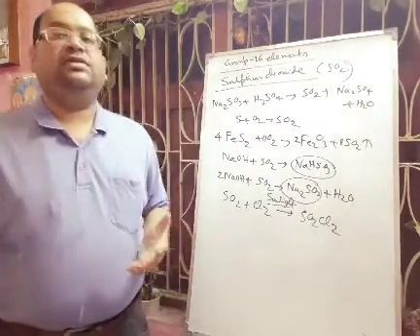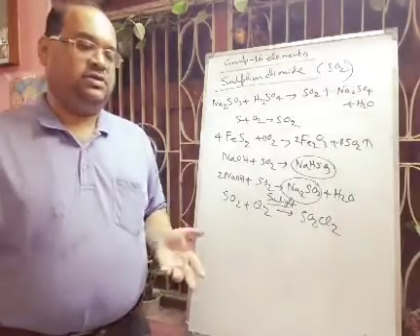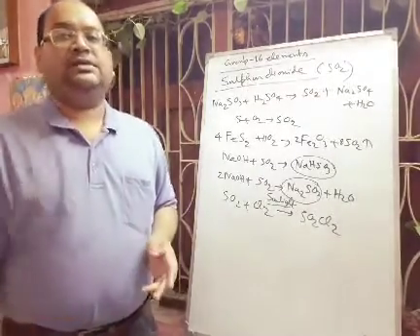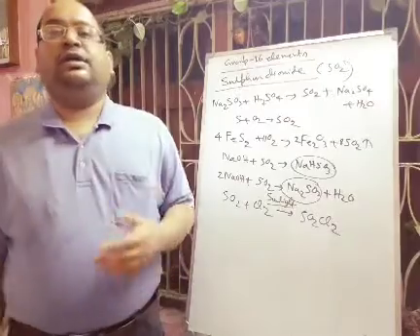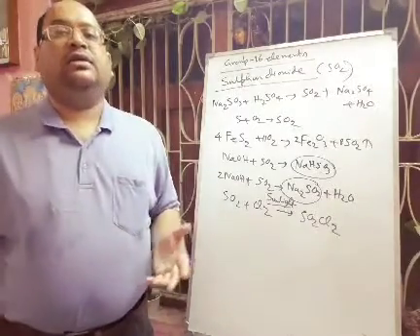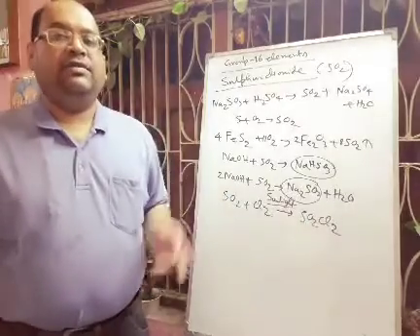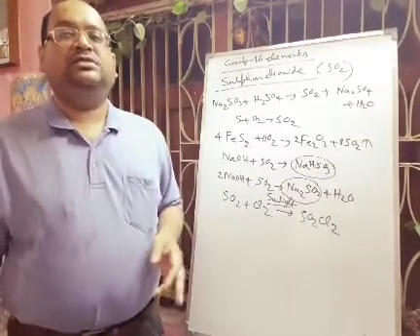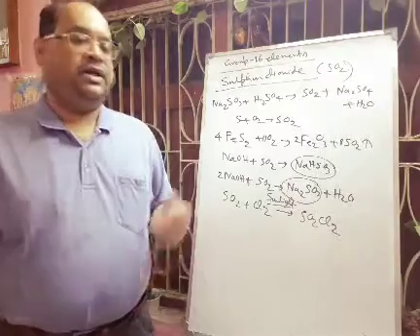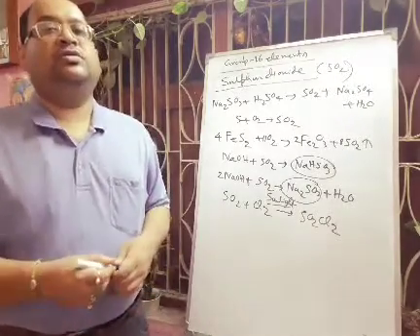Next reaction in your syllabus is the reaction with KMnO4 solution. When you pass sulfur dioxide gas, many times you have read that the violet or purple color of the KMnO4 becomes colorless, because manganese in the +7 state in KMnO4 goes to manganese sulfate, where manganese is in the +2 state. So what is the reaction?